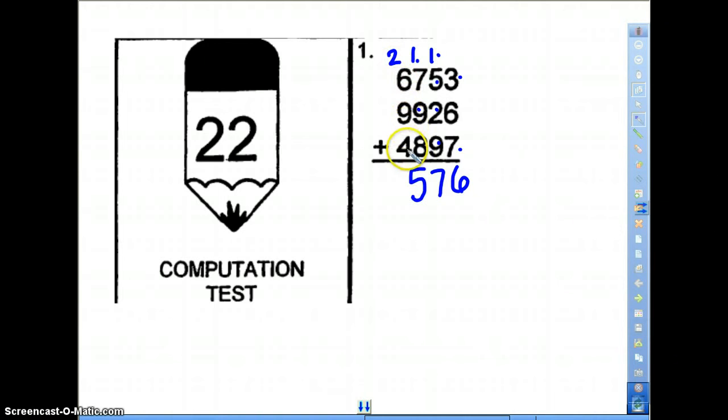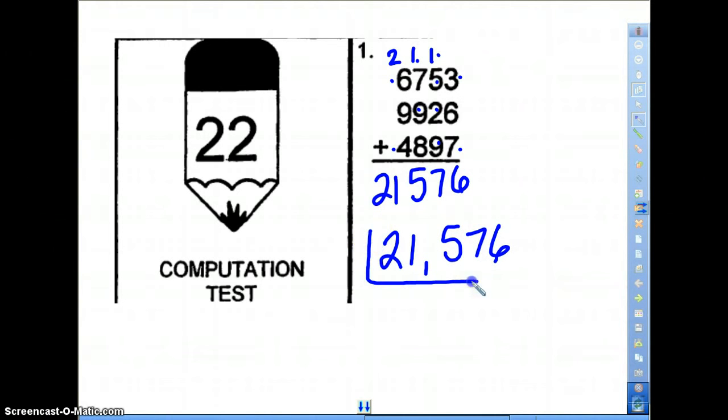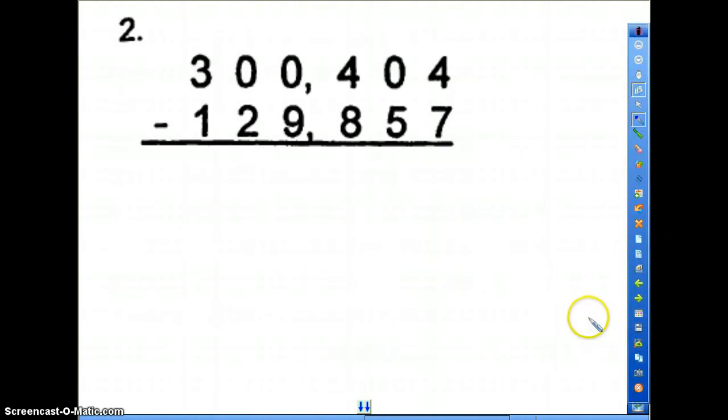And let's see, group of 10 here. Yeah, we can with the 6 and the 4. That's 10. 9 more makes 19. 2 more makes 21. Okay, so the answer is 21,576. When you guys get done, I want you to either highlight your answer, put a box around your answer, or circle your answer. I want to be able to find your answer.